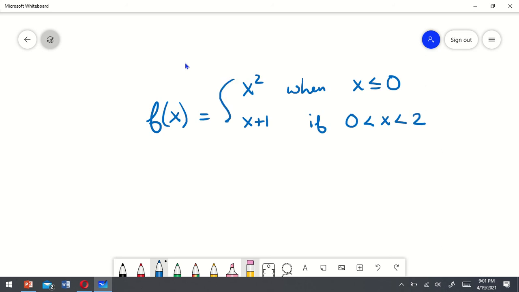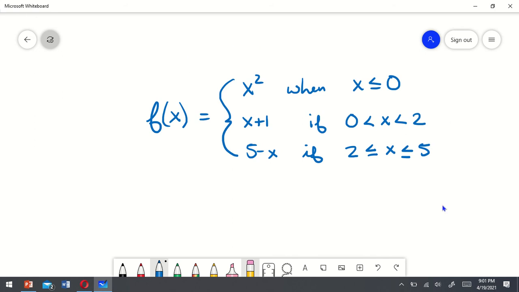And then our third rule, for when values are larger than 2, we use the function 5 minus x, if 2 is less than or equal to x, which is less than or equal to 5. So this is our piecewise function given, and we're wanting to know where this function is continuous.